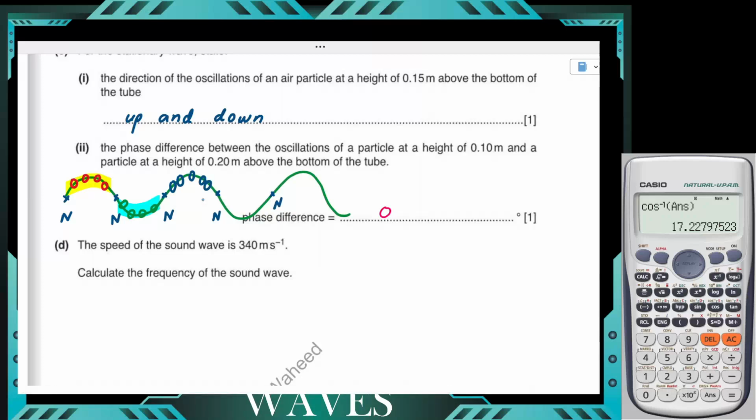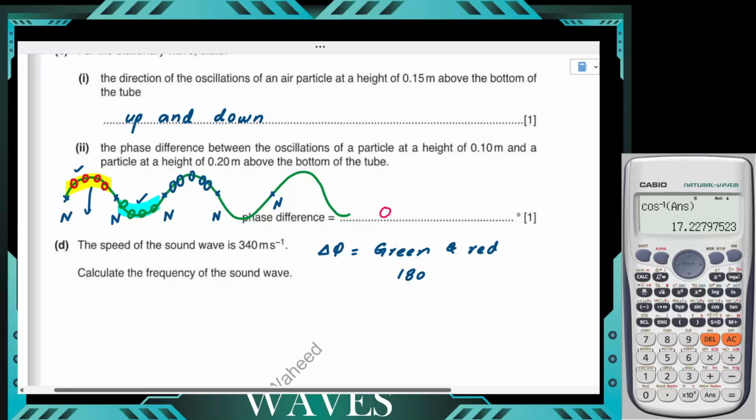But the tricky part is, if they ask you to find the phase difference between, let's say, the green particles and the red particles, in that case the phase difference would be 180. Why is that? Because the stationary wave just oscillates up and down. In layman's terms, if it is a string, it'll just be moving up and down.